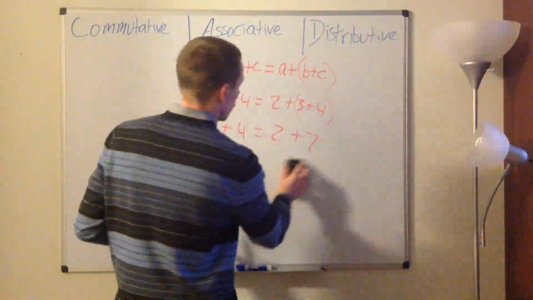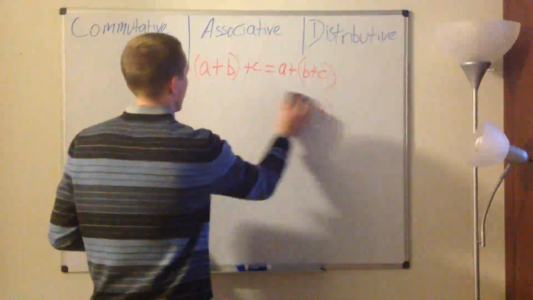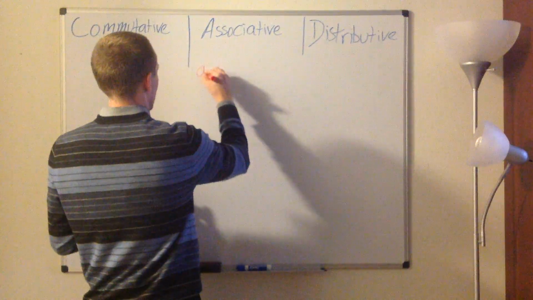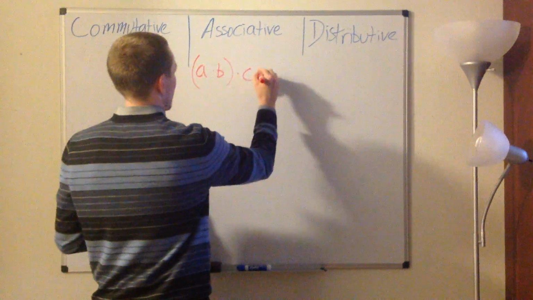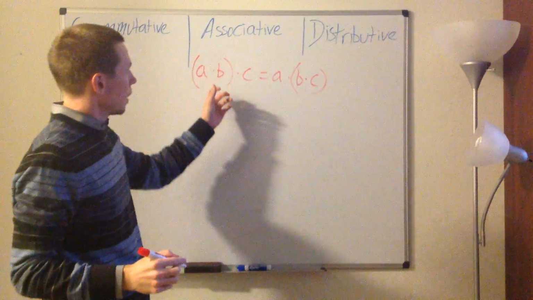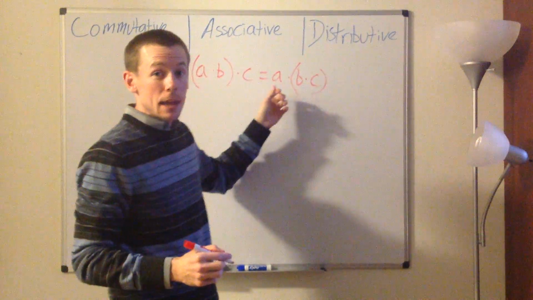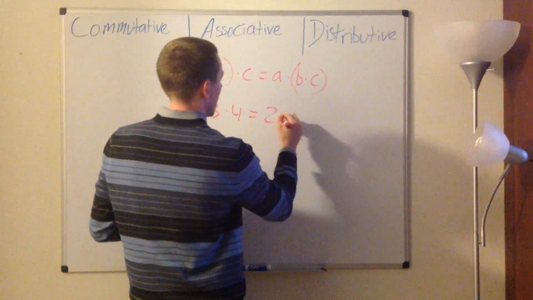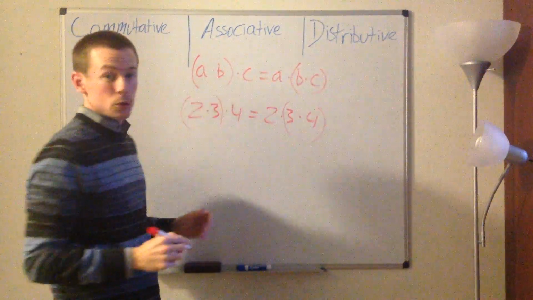And notice this holds for multiplication as well. So A times B and then multiplying C is going to equal B times C and then multiplying A. Let's see that with 2, 3, and 4 again.